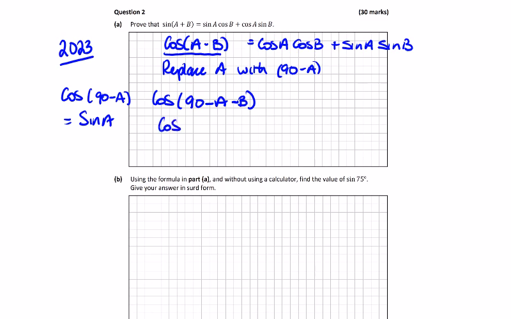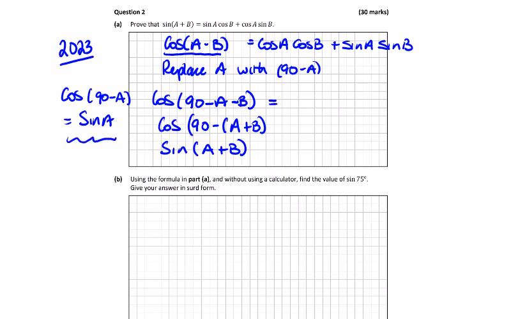That becomes the cos of 90 minus A plus B, which is the cos of 90 minus A and the cos of 90 minus B. So this becomes sine A plus B based on this rule here.